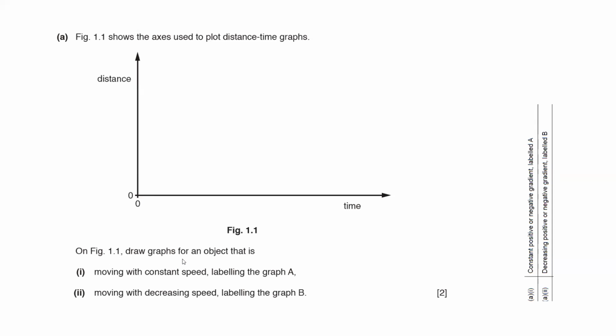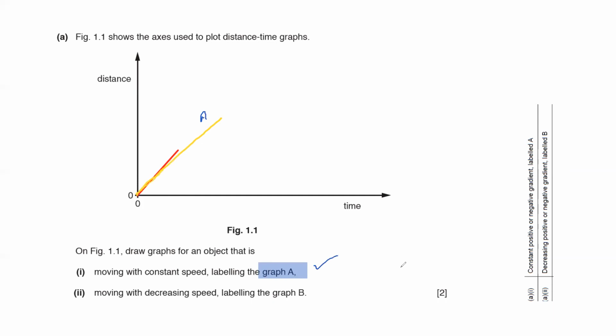On figure 1.1, draw a graph of an object that is moving with a constant speed and label that as A. So I want everyone to use screen annotation and draw a graph for A. First only for A. And label that as A, which means you should write the letter A for that.